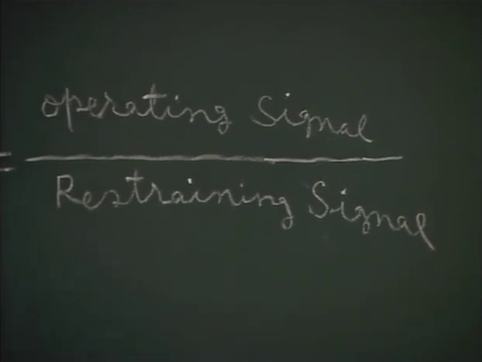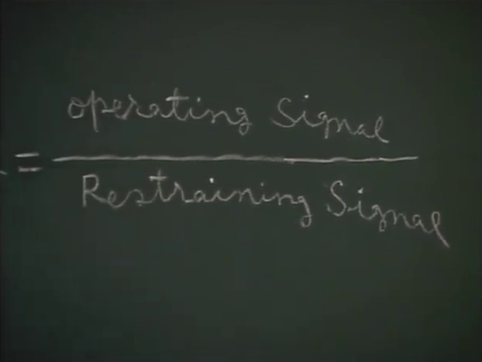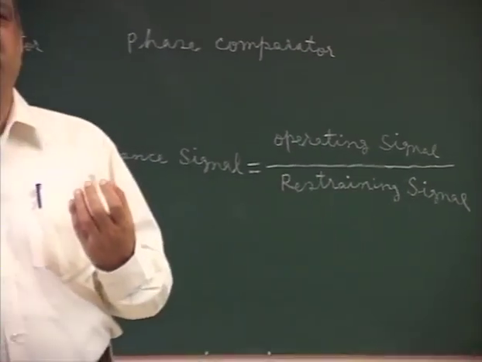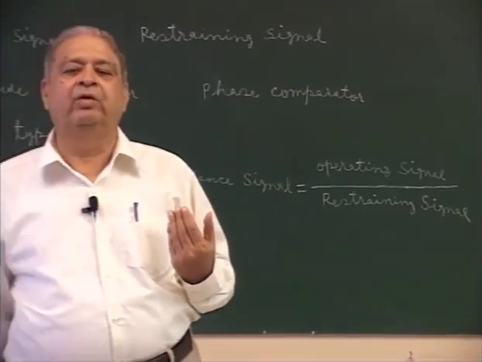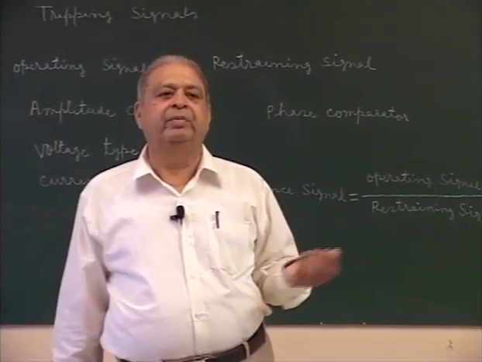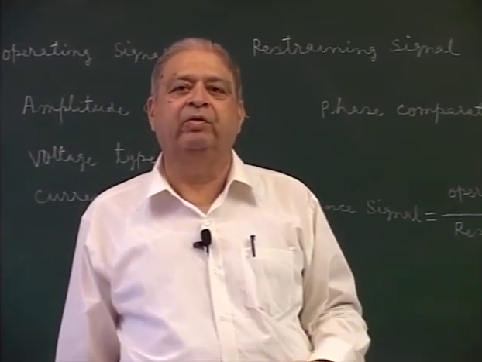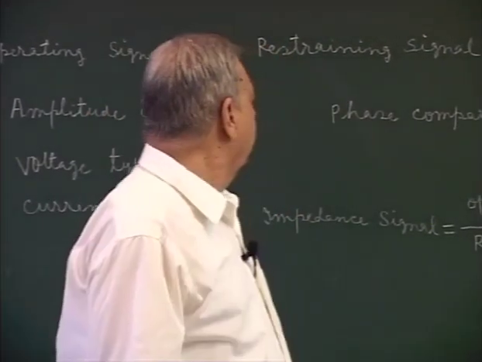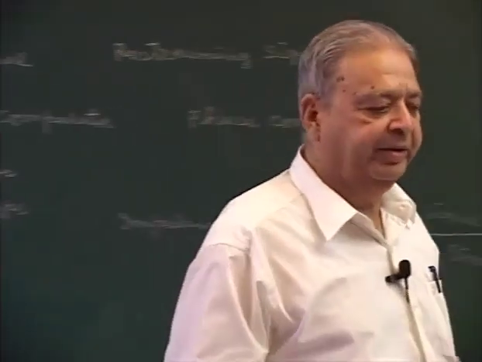An impedance signal should be so set that if the impedance measured is less than a particular value, the relay should operate. If it's more than a particular value, the relay should not operate. So this can be graphically represented.